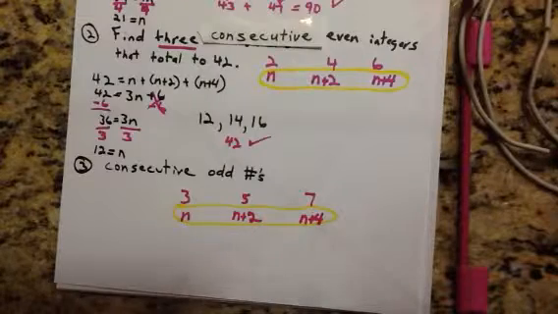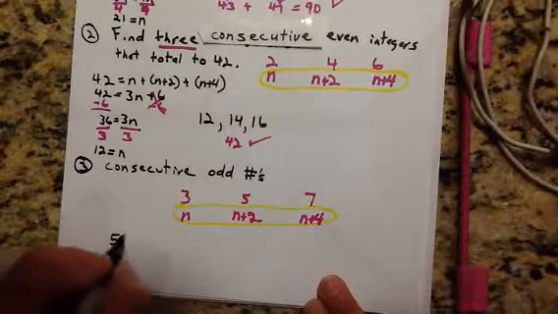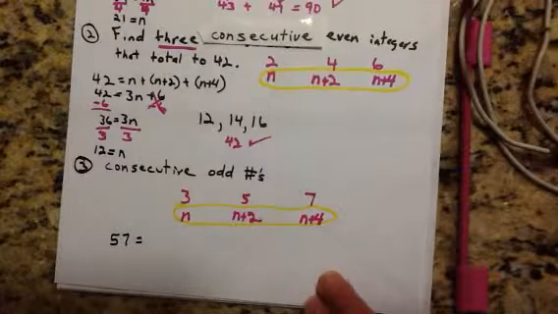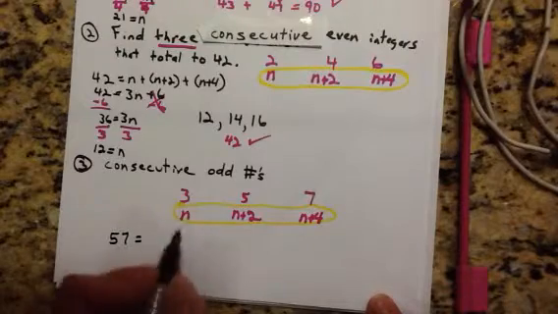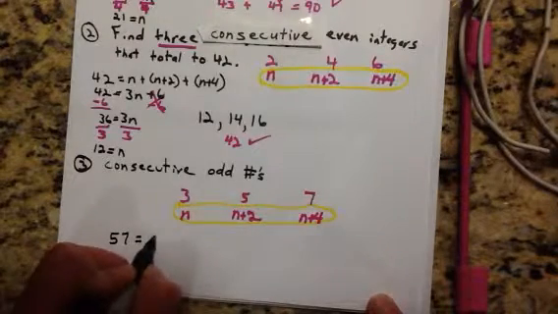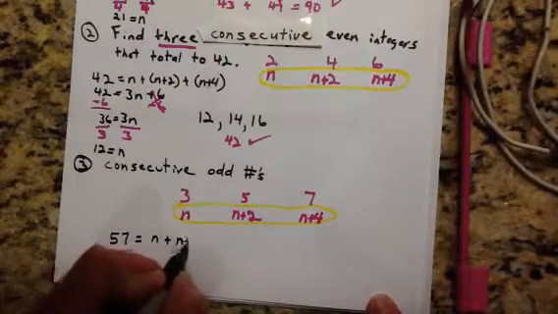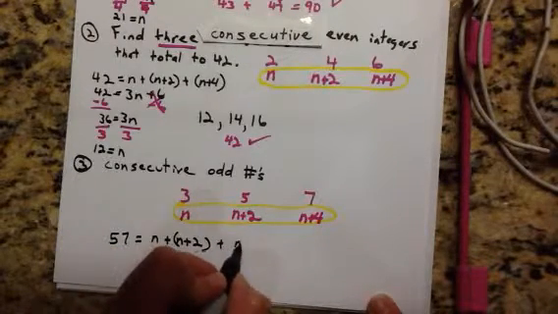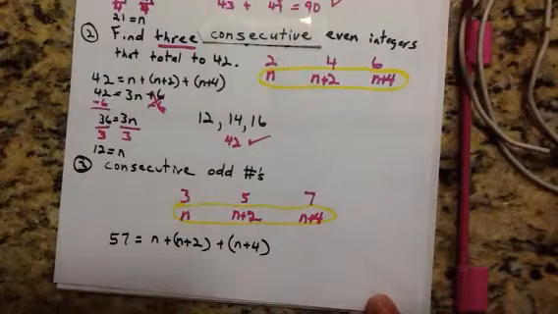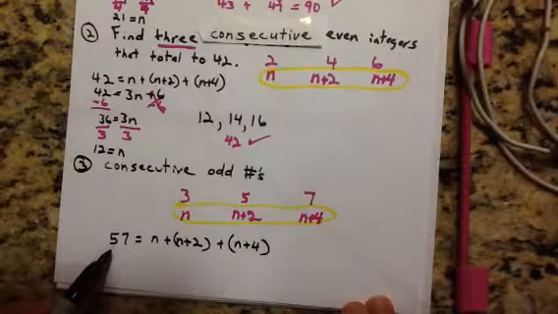Well, let me show you with a practice problem. Let's say a problem tells us that 3 consecutive odd integers add up to 57. So, let's plug in n plus n plus 2 plus n plus 4. What's the difference? We're starting with an odd number here.